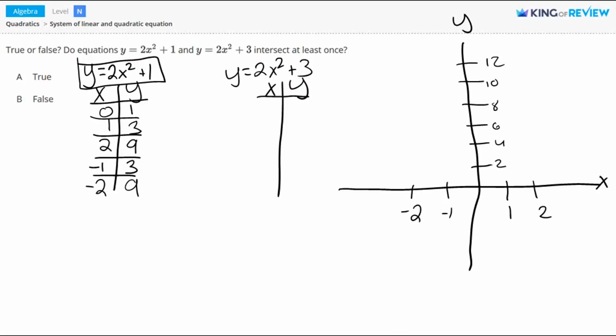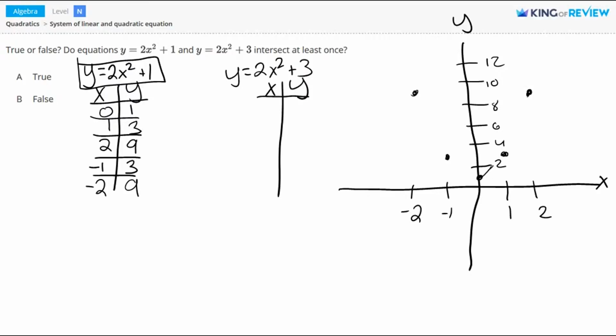I have a point at 0, 1. That's right here. I have a point at 1, 3. That's right here. I have a point at 2, 9, which is right here. I have a point at -1, 3, right here. And I have a point at -2, 9, which is right about here.